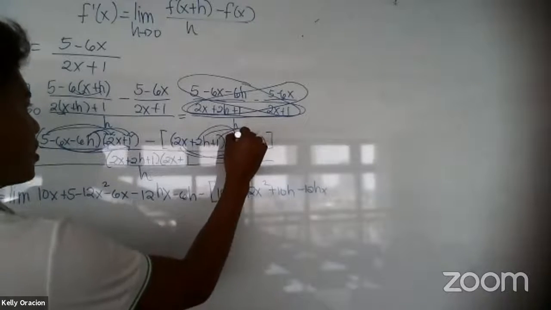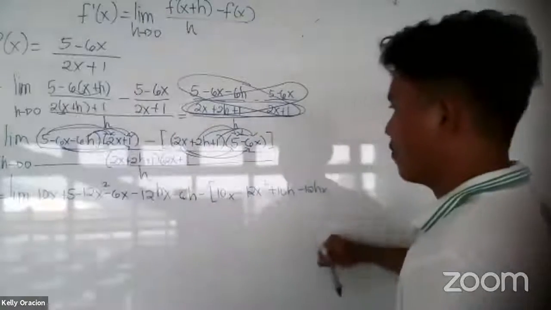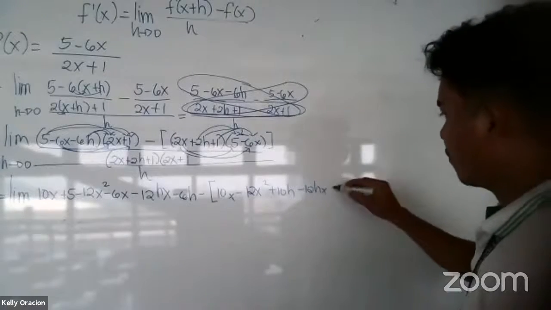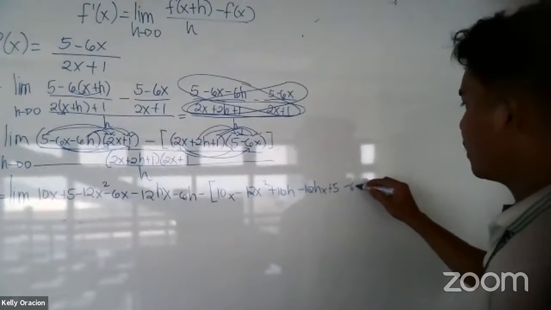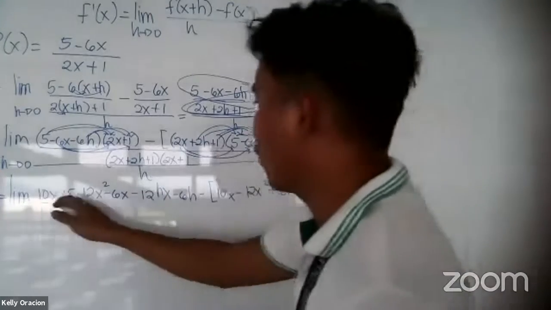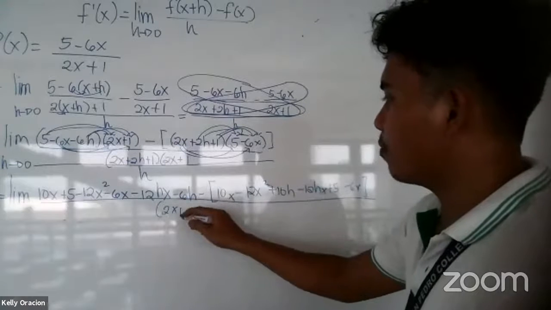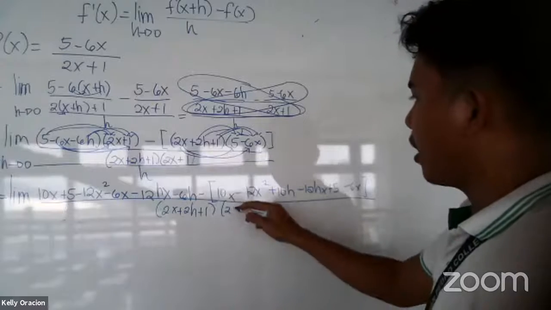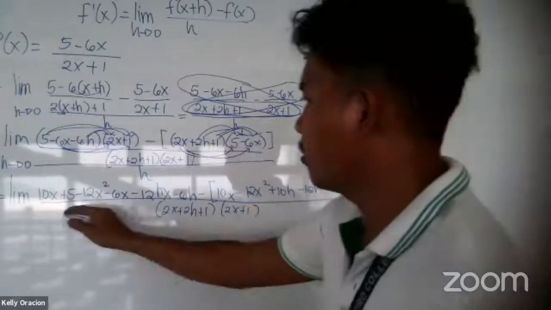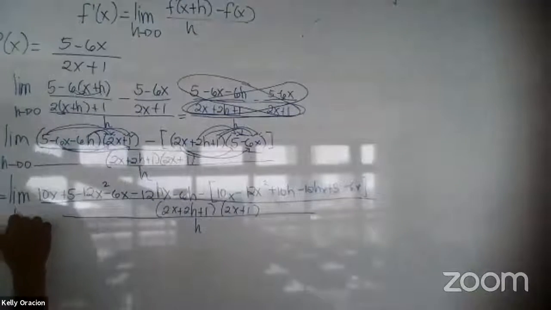Then 1 times 5 is positive 5. 1 times negative 6x is negative 6x. Over 2x plus 2h plus 1, copy the denominator, as h approaches 0.